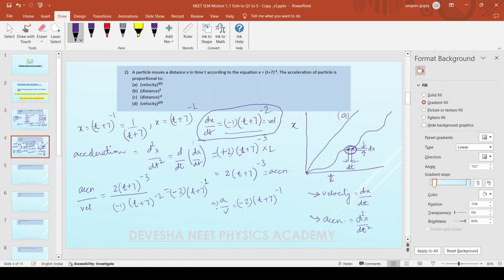Now one important thing here is what is (t+7)^-1. If you look at this one, velocity is equal to (t+7)^-2, right? So let's forget this coefficient here, because we only need to find the proportionality. For proportionality, we can just ignore the constants.